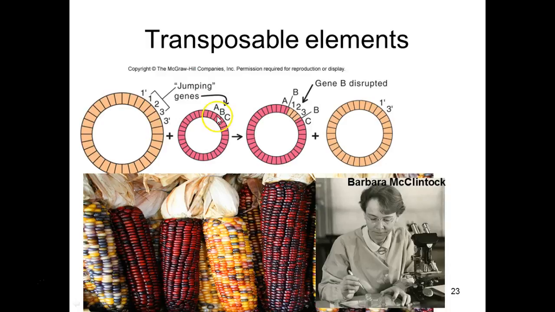They jump into B, so they separate B like you saw before. So now they can still do A and C and 1, 2, and 3, but B they no longer make. Well, maybe that is why this one is white. Because of that insertion, B was deleted, which was maybe the color yellow. So now they're white instead. Make sense?